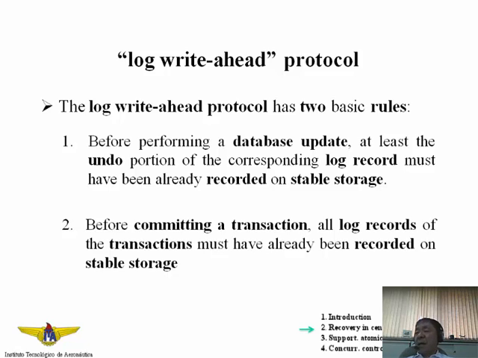Because the database update can fail, so if you don't store this information, you're going to lose this information. Two, before committing a transaction, all log records of the transaction must have been recorded on a stable storage. That helps us to redo the operations.